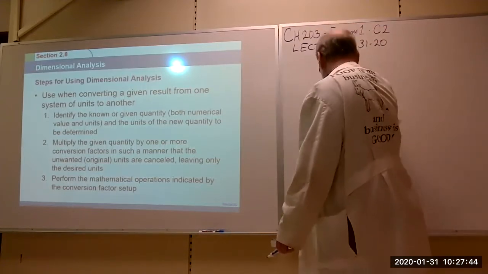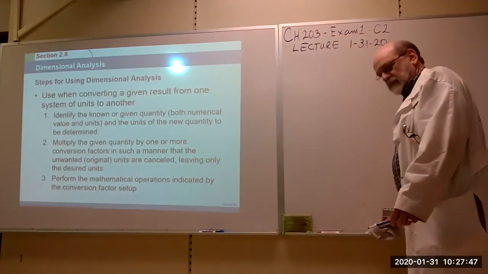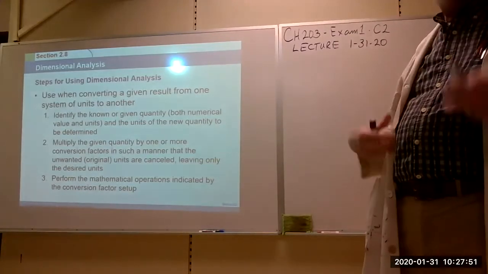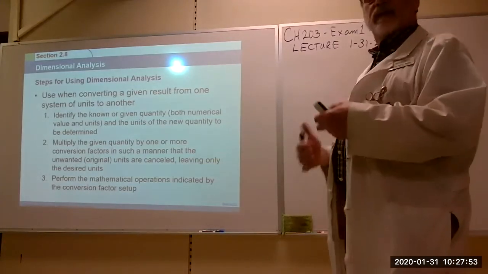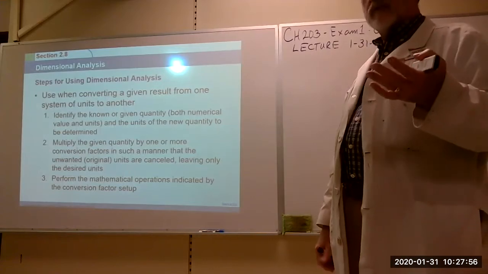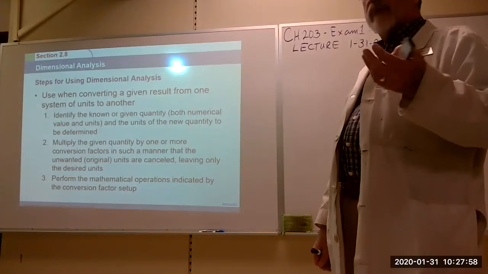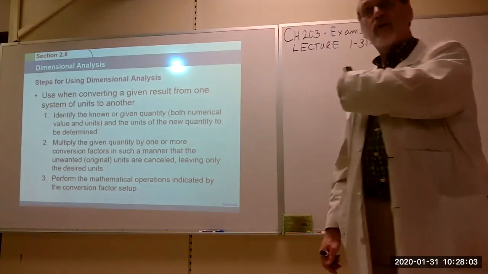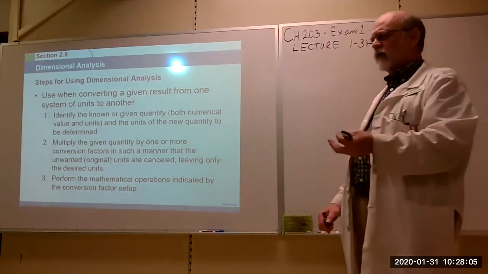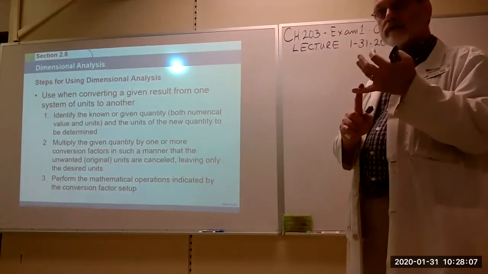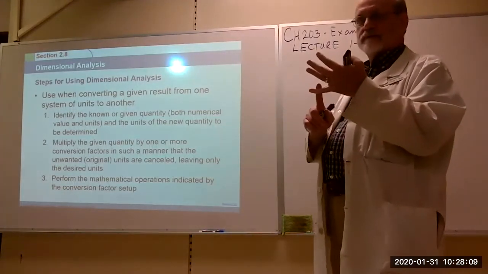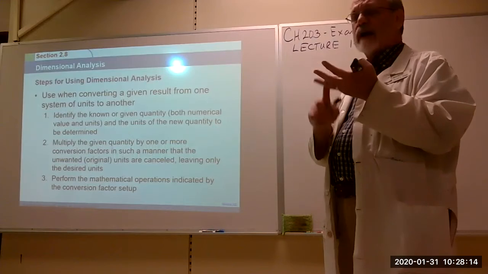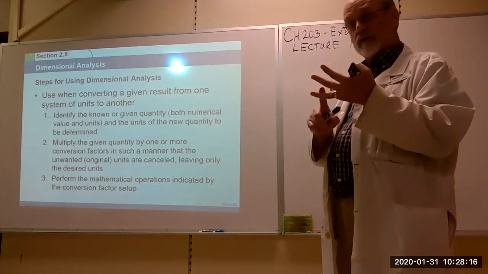Sometimes I use the example of if I need to drive somewhere, maybe to Atlanta. I got family down there. I need to know how much money to take with me so I can buy gas to get down there and have enough money to buy gas to get back. So I think, all right, what factors do I need to know how far it is, and then round trip. And then I need to know the mileage, the miles per gallon on my car.